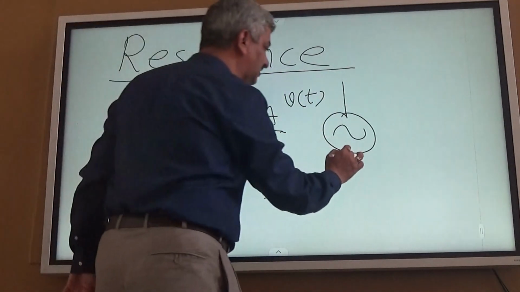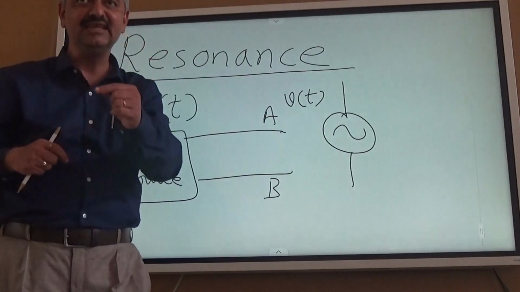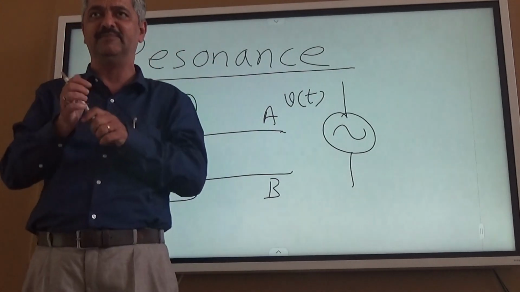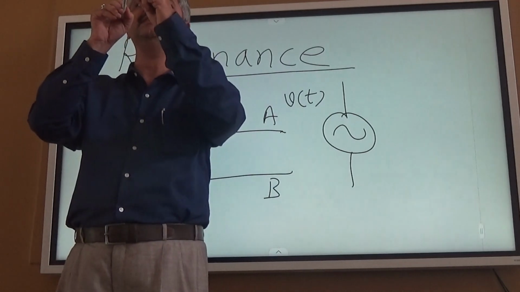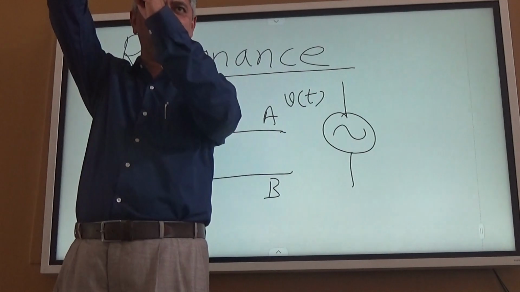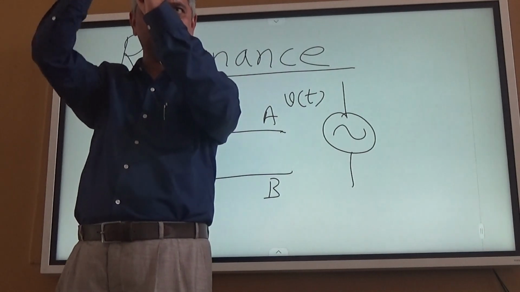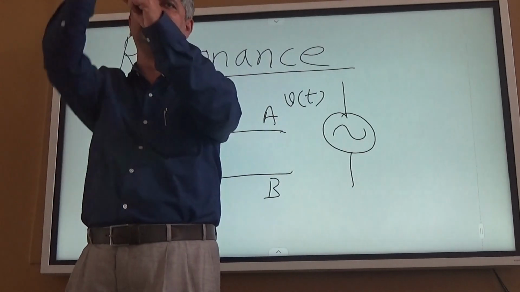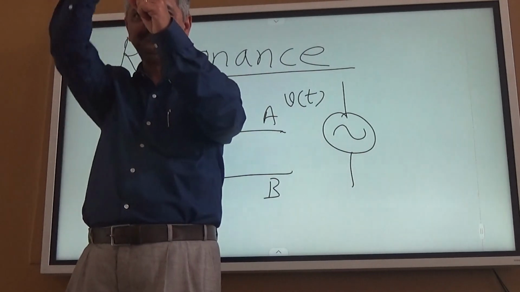And in AC, the voltage of point A with respect to point B increases sinusoidally to plus V peak, comes to zero sinusoidally, goes below to minus V peak, and like this.